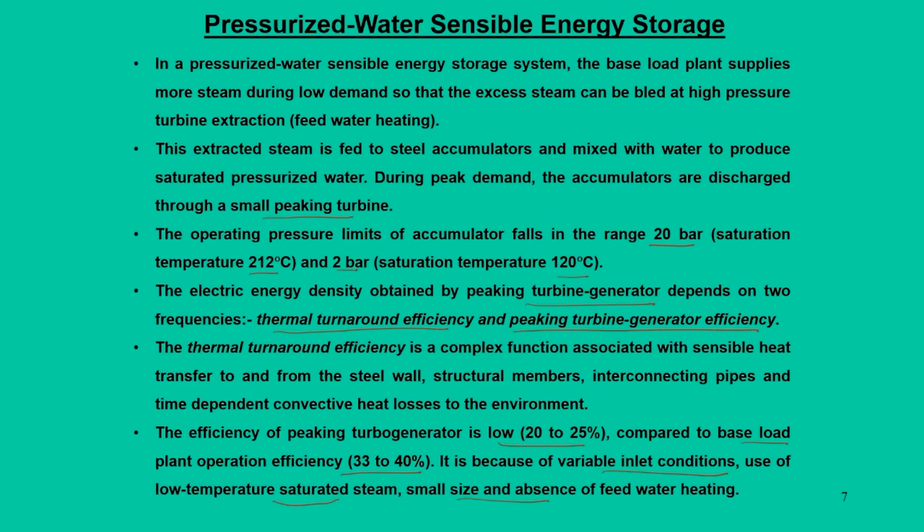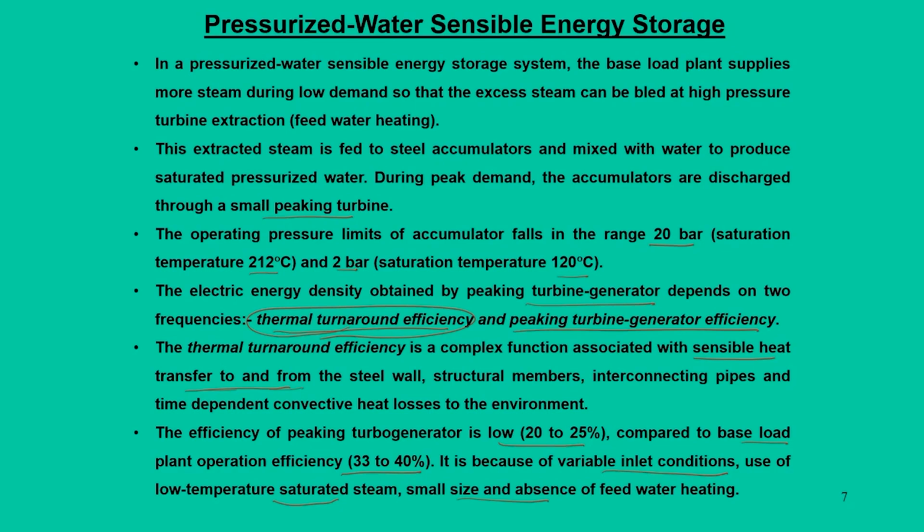However, the main part of our analysis is this, because it is charging and discharging steam, for that we call this the thermal turnaround efficiency. This thermal turnaround efficiency is a complex function associated with the sensible transfer of heat to and from the steel wall, which means steam is stored in a container made out of steel, and the idea is that the rate of heat loss should be minimized.